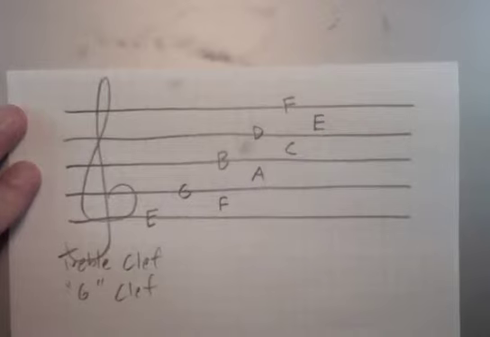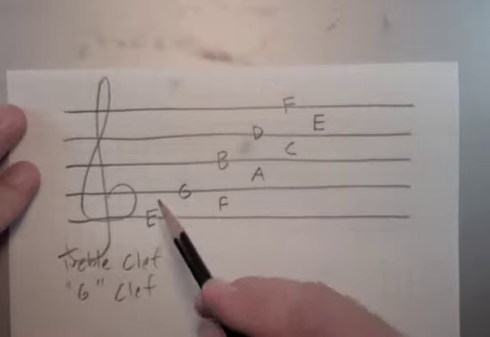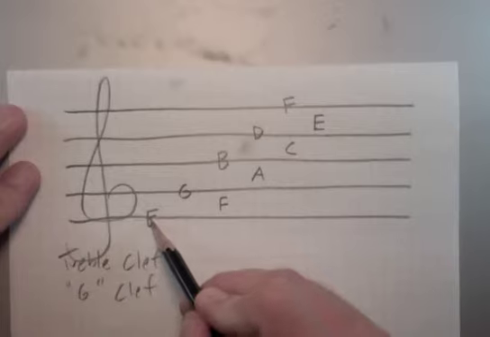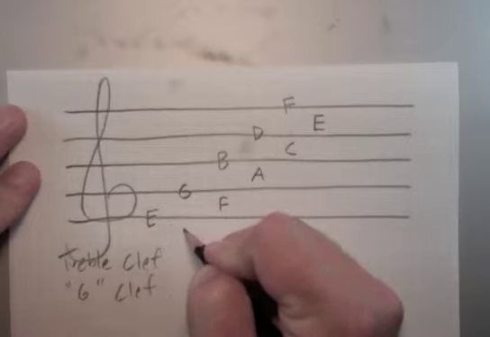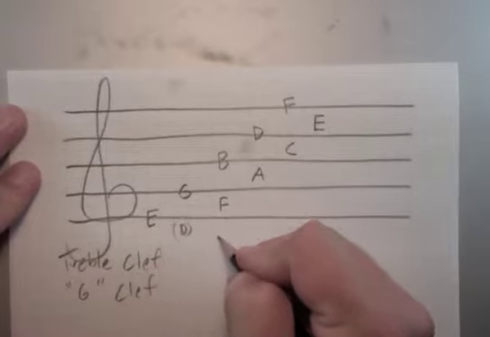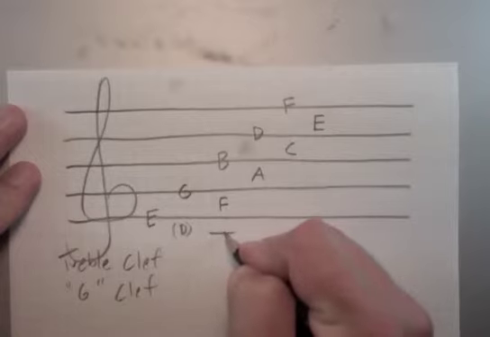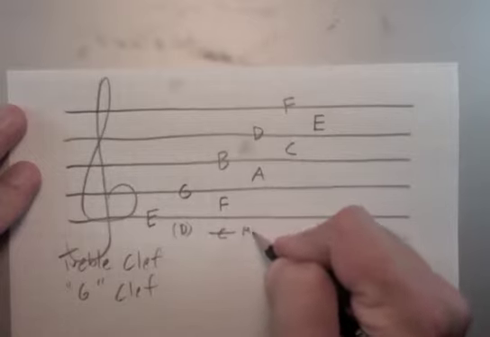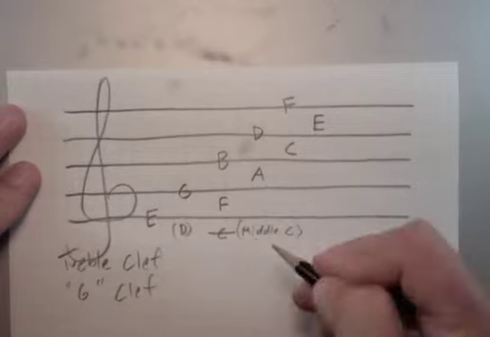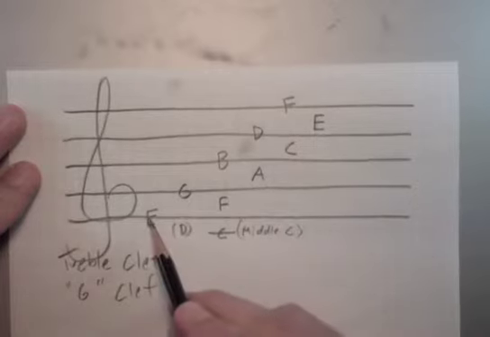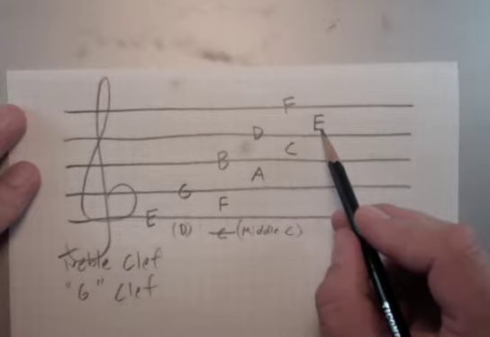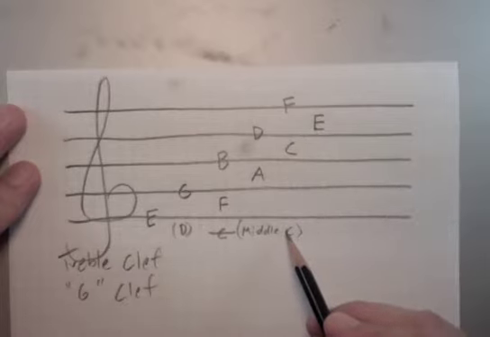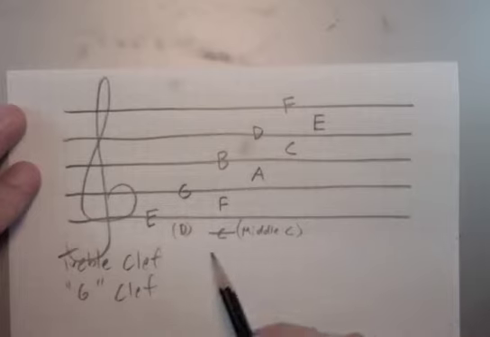In terms of the way this would work if we were thinking about where these notes are on the piano, this E would be the one closest above middle C. So if we count down, E is on the line, D is under the staff, and then our next ledger line down would be C, and this is middle C. And so this E would be the one just 2 white keys up from middle C. This E would be 2 white keys and then 8 white keys, so 10 white keys higher.